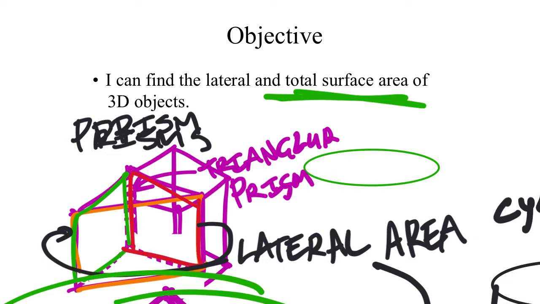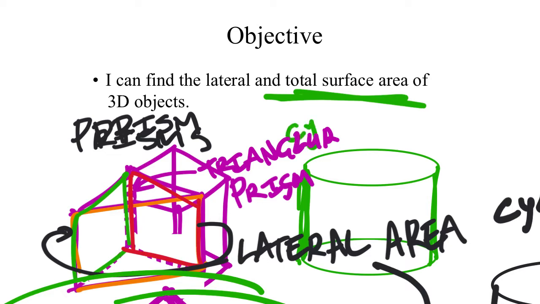And there is a specific name for that, by the way. Let's see if I can draw that better. Happy mistakes. All right, so this is not called a prism anymore because the top and bottom are circular.